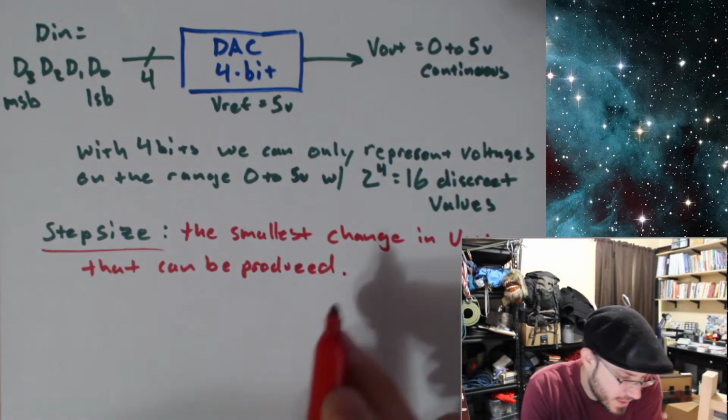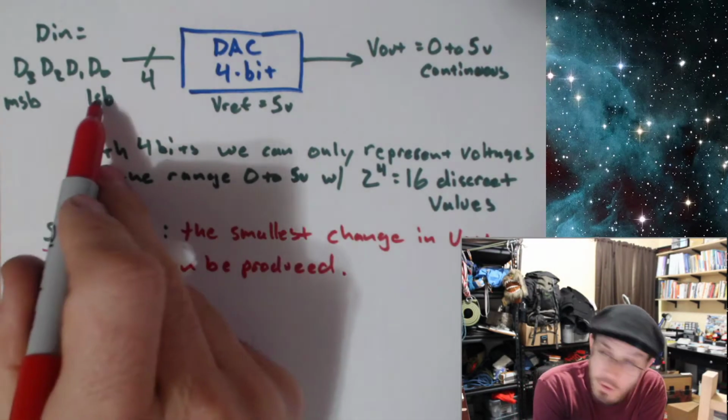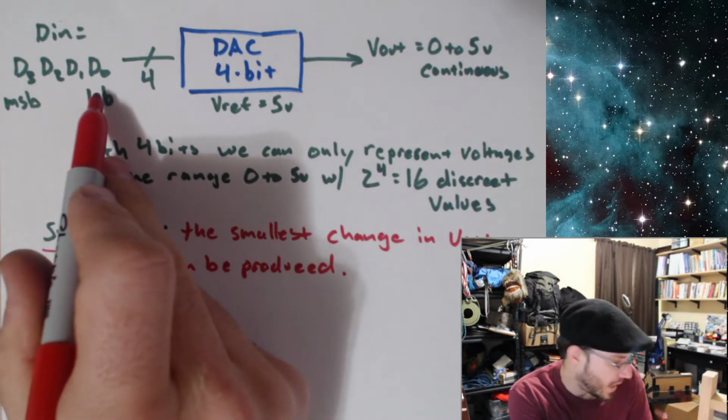Another way of thinking of the step size is it is the voltage that is referred to by the least significant bit.